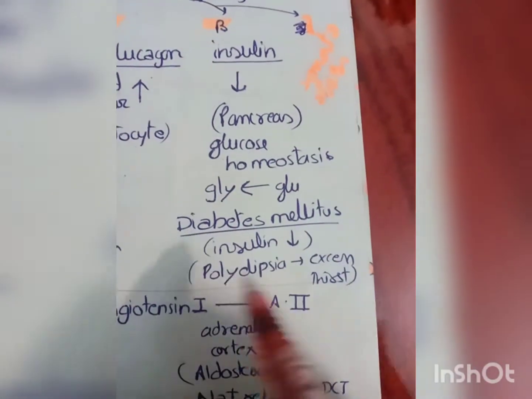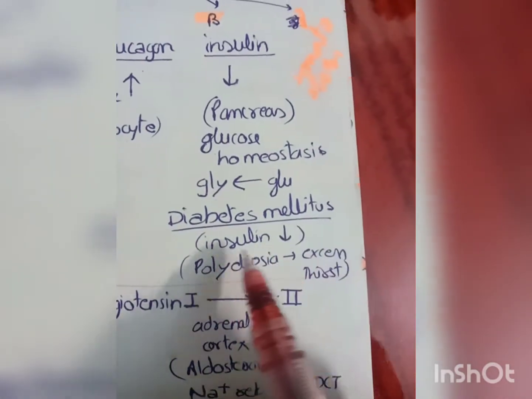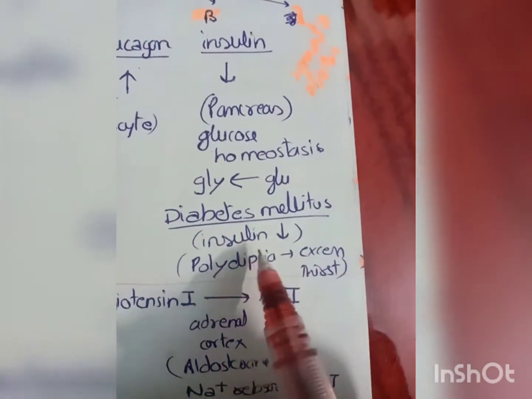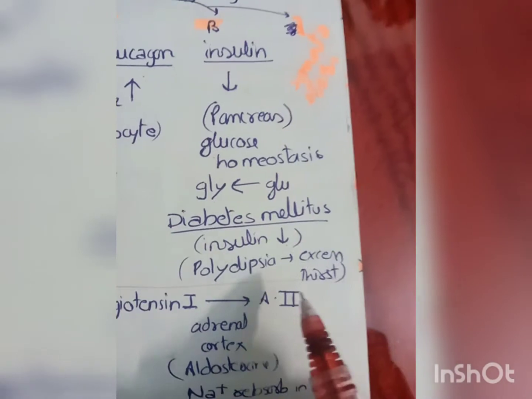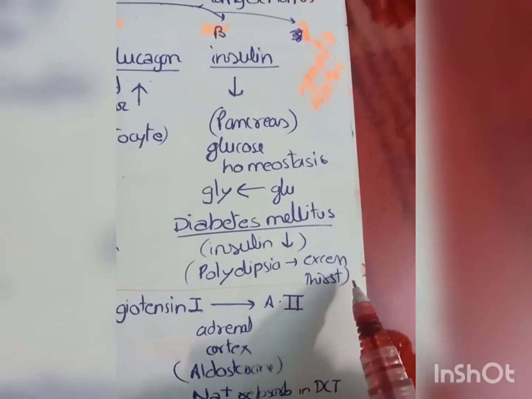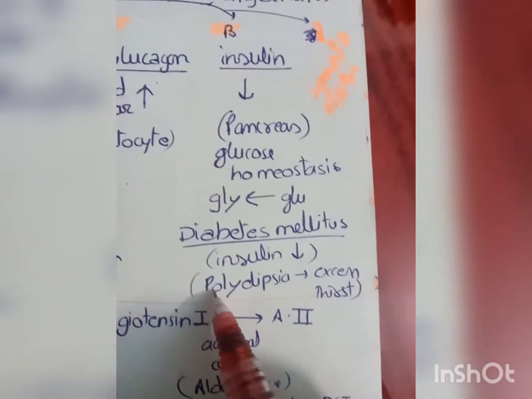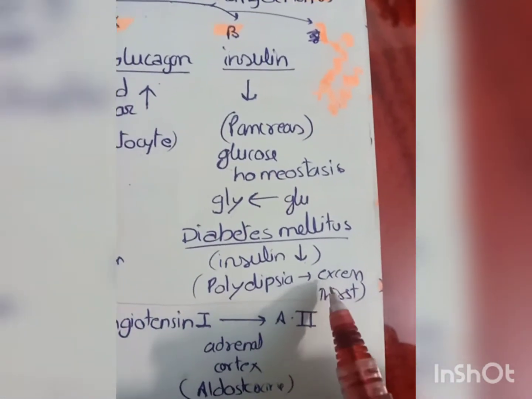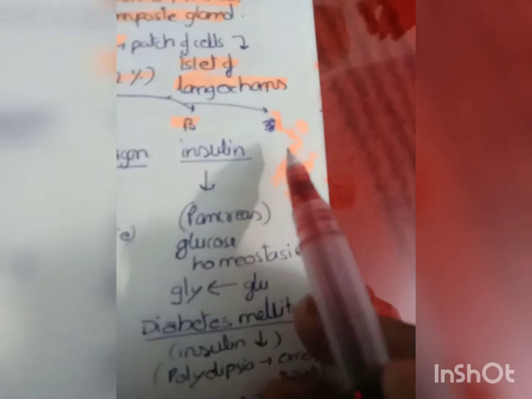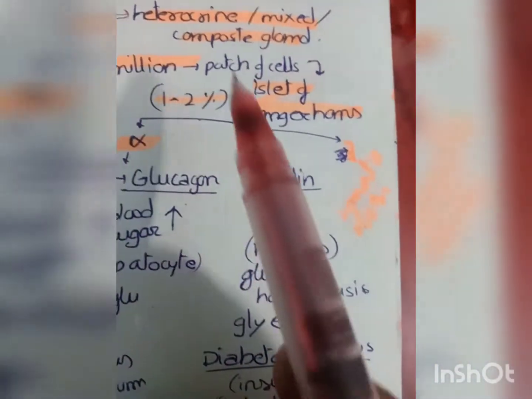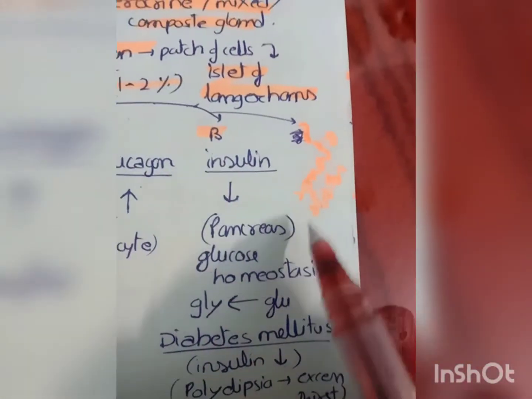Now, what is diabetes mellitus? In diabetes mellitus, the insulin level decreases. A symptom of diabetes mellitus is that excessive thirst occurs, which is also known as polydipsia. This is not important. Now, the delta cells of the pancreas secrete somatostatin.